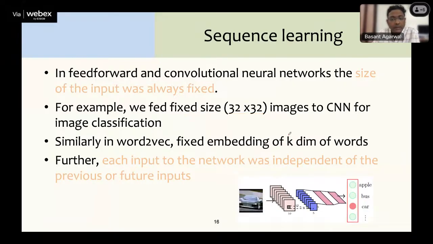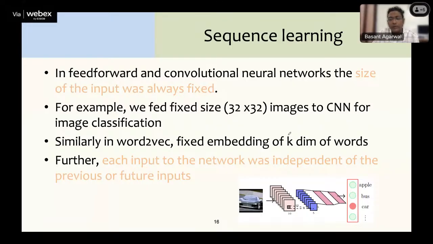But for the next example, let's say we give a car, it will just predict the car based on only the current input. It will not bother about what the previous inputs have been. So the network is independent of the previous or future inputs, which we have already seen in word2vec also, where we have to have a fixed embedding dimension of words.